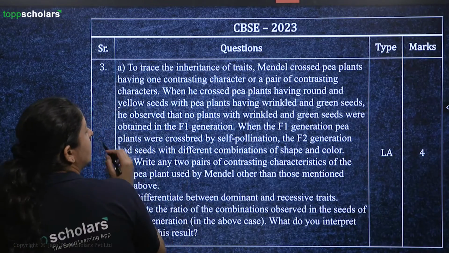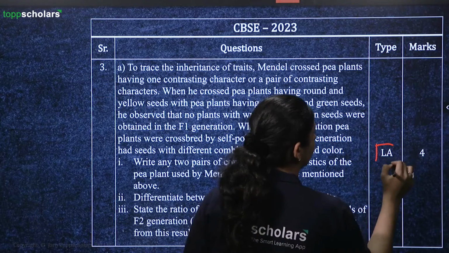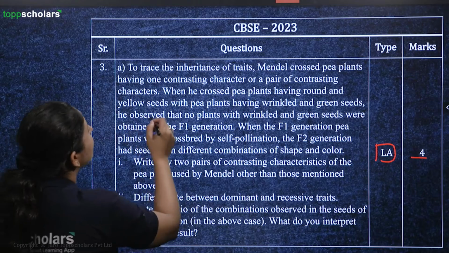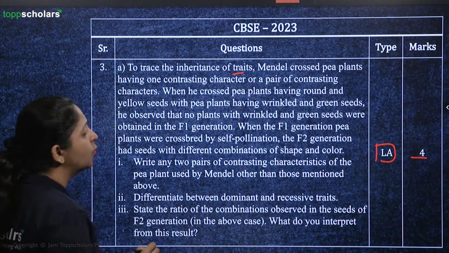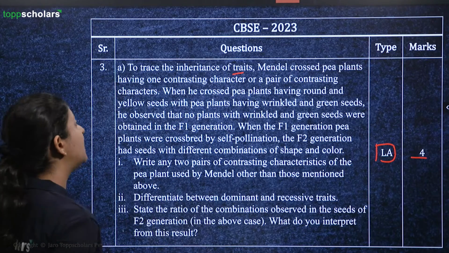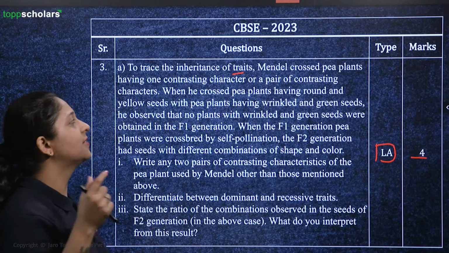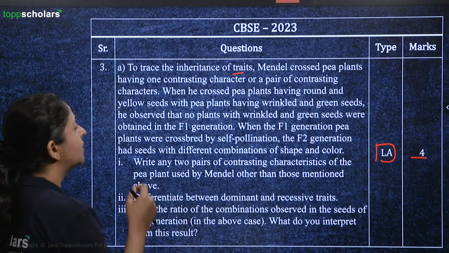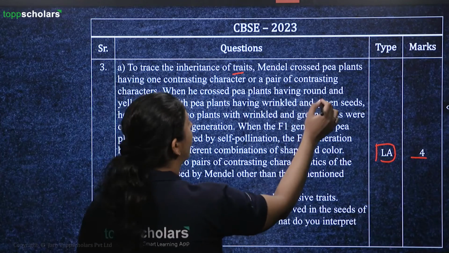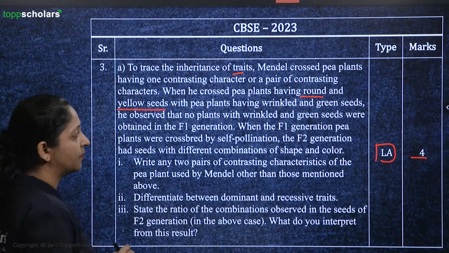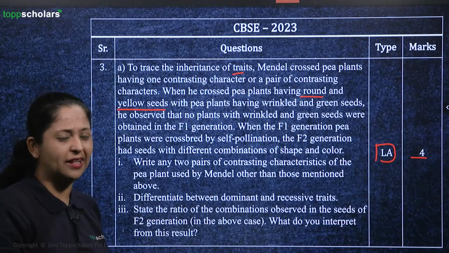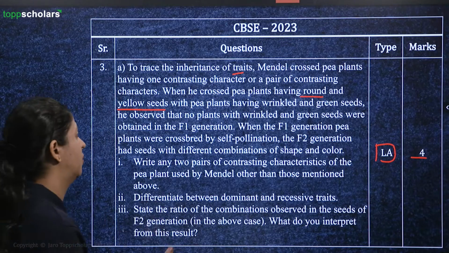Another question here is a long answer question, students, which is for 4 marks. Here you have to trace the inheritance of traits. What Mendel did was cross pea plants having a pair of contrasting characters. When he crossed plants having round and yellow seeds, he was taking two characteristics together. Basically, he is doing a dihybrid cross here.